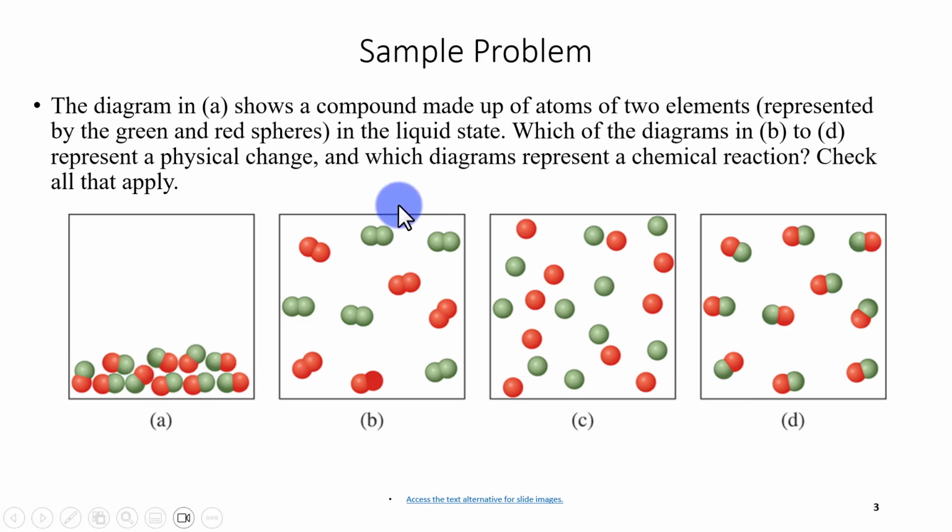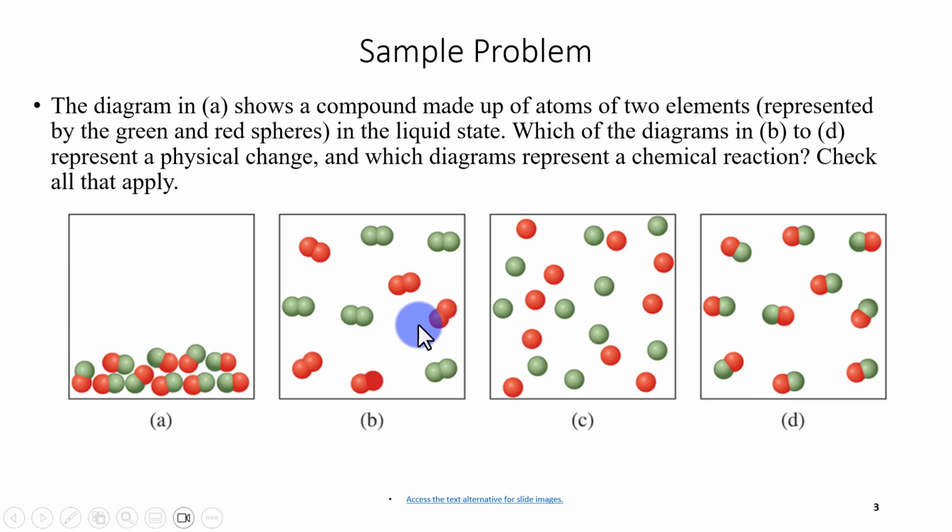Let's take a look at a sample problem. In diagram A, I have the initial compound, which is made up of atoms of two elements, which are represented by a red and a green sphere. So my molecule that I have initially is a diatomic molecule that has a red and a green sphere.